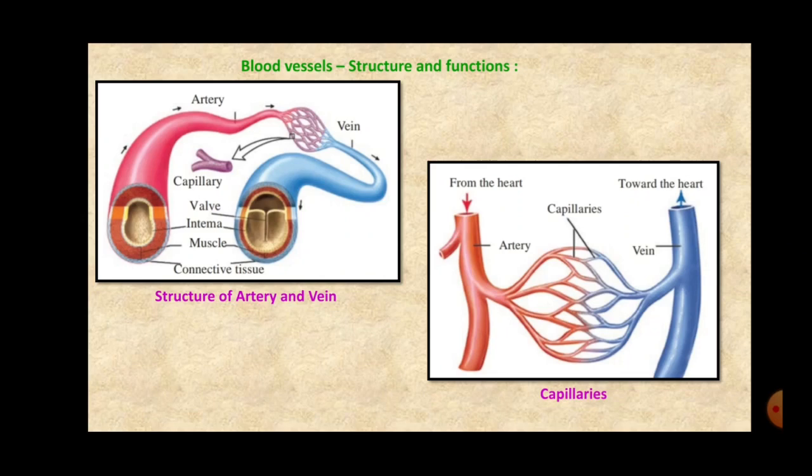Now there is only one artery, called the pulmonary artery, which carries the impure blood, whereas all other arteries carry the pure blood.